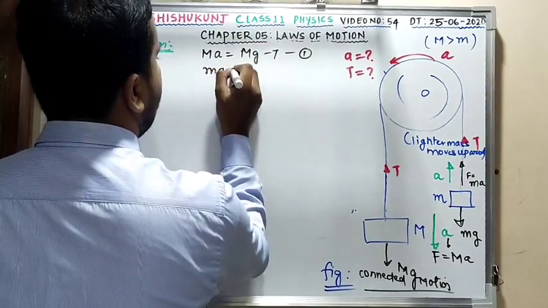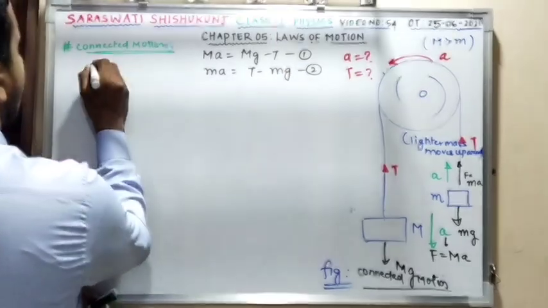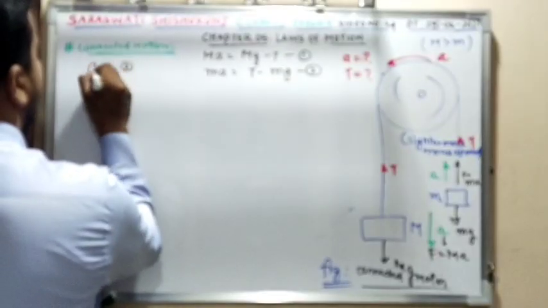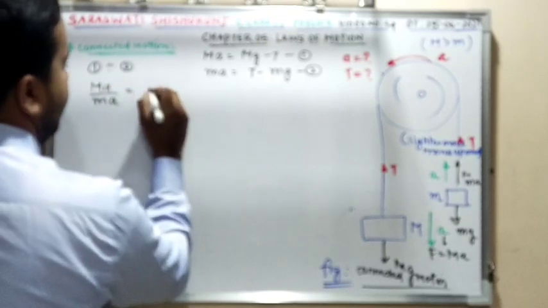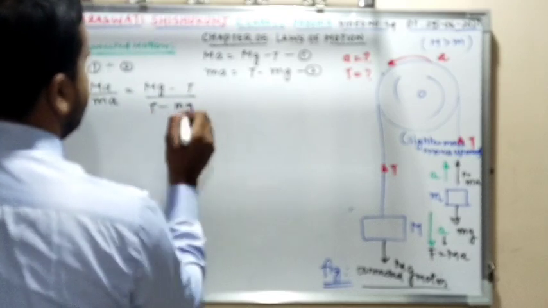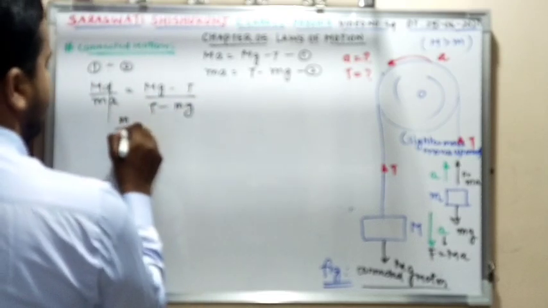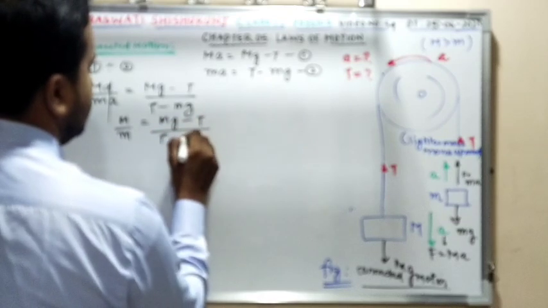Again I have small ma is equal to T minus small mg, that is my equation 2. Taking 1 divided by 2, what am I going to get? Capital Ma divided by small ma is equal to Mg minus T divided by T minus mg. So this a cancels, so capital M by small m is equal to Mg minus T divided by T minus mg.